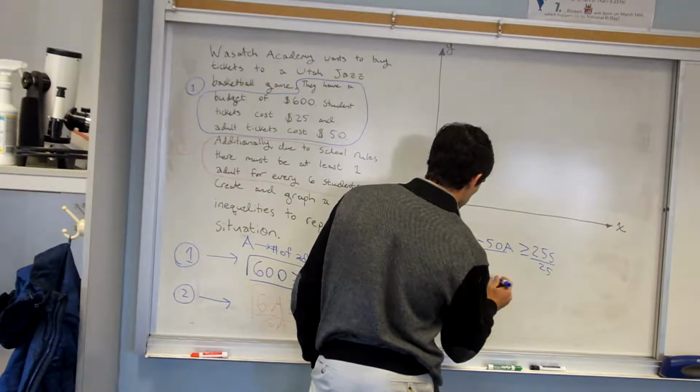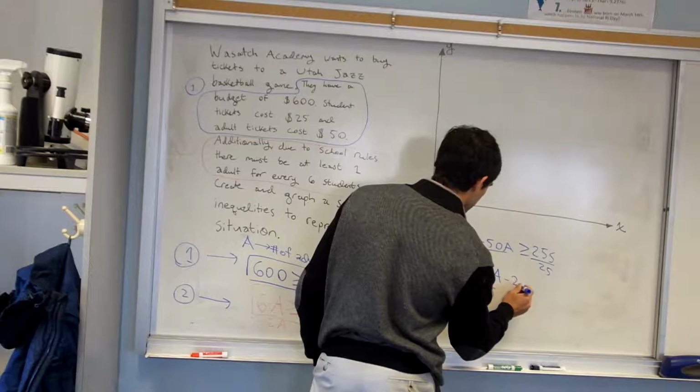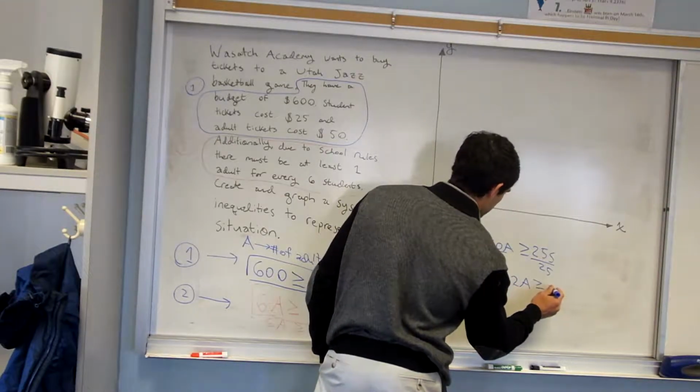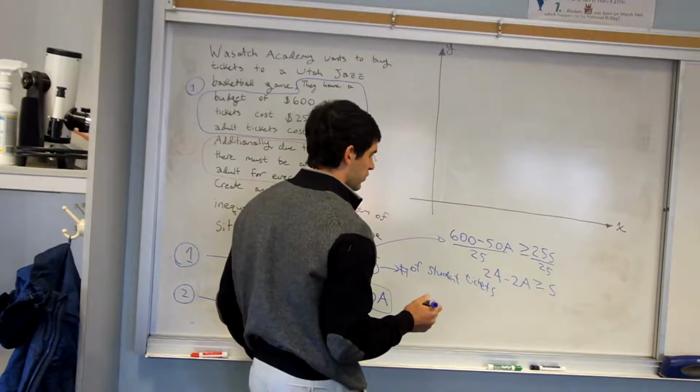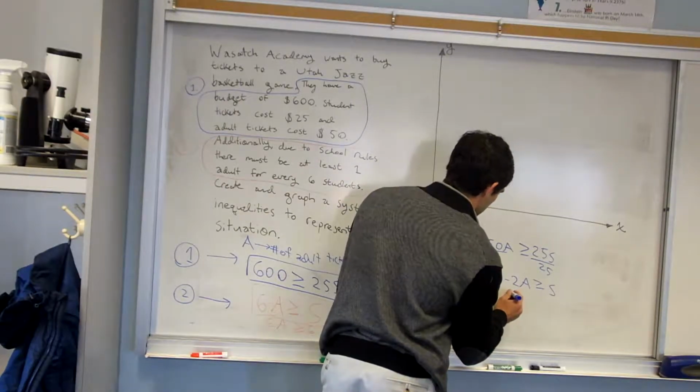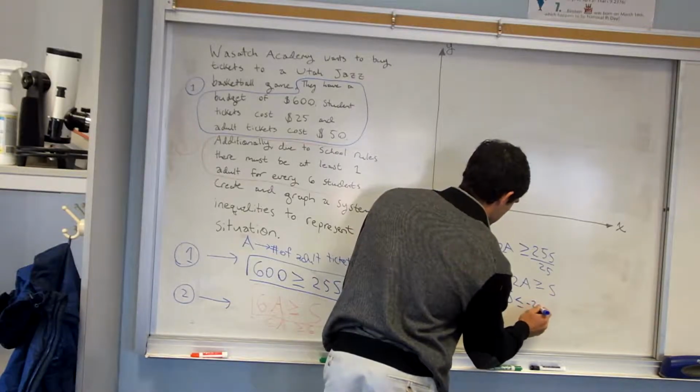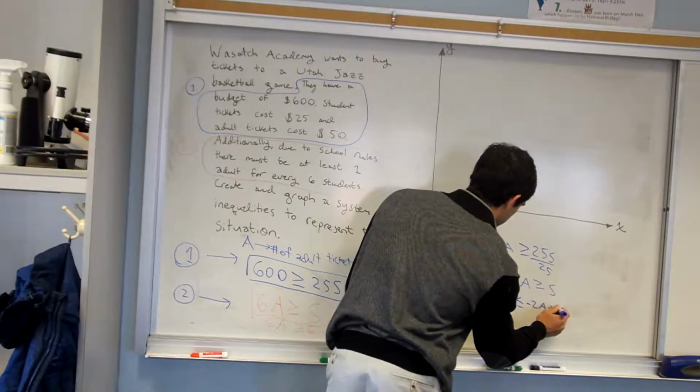So we would get 24 minus 2A is greater than or equal to S. And if we flip this, we would get S is less than or equal to negative 2A plus 24.